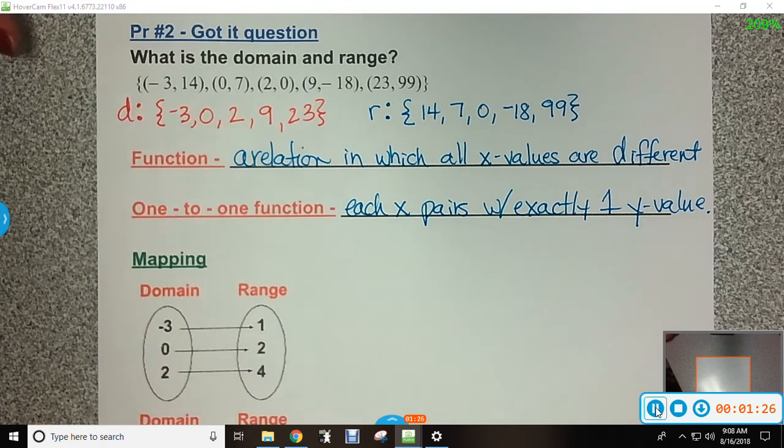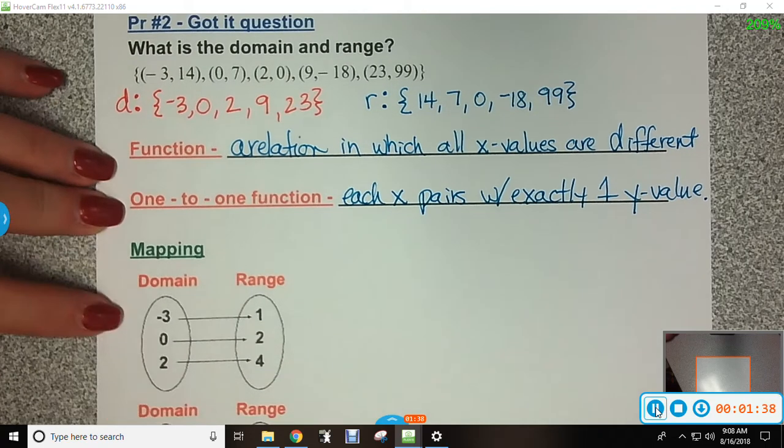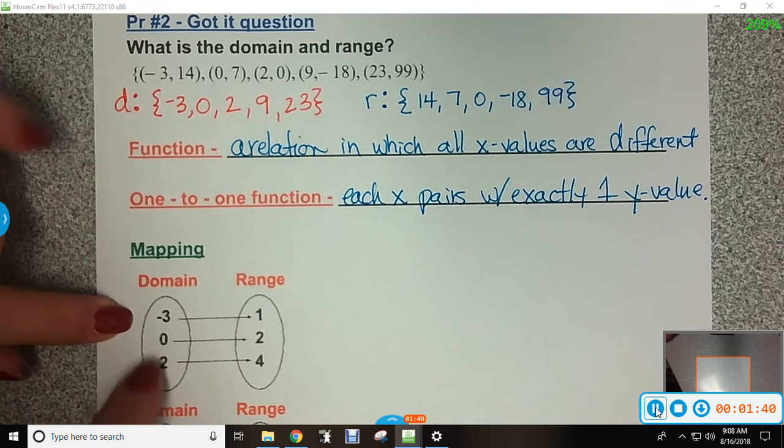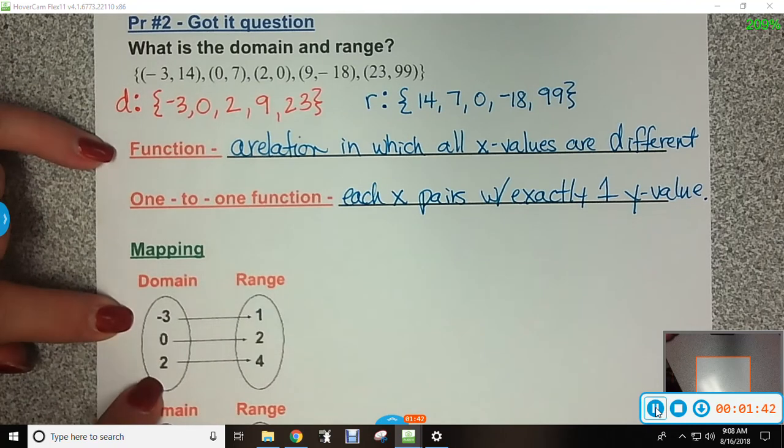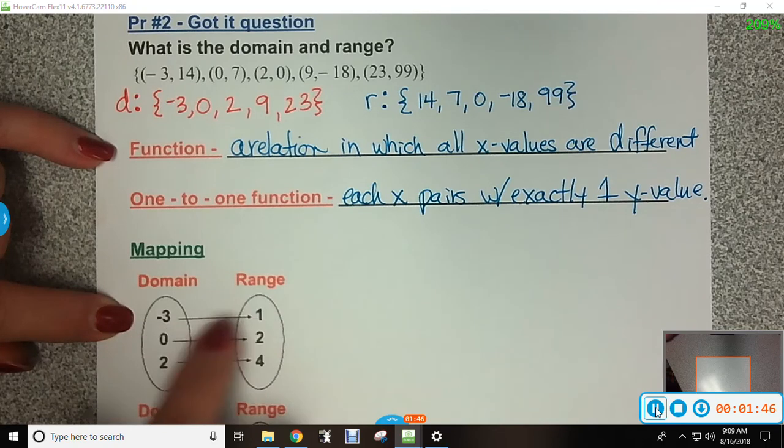So now we're going to look at a couple of different mappings below and talk about whether they are a function or not, and if it's a function, is it a one-to-one function? So for this first one here, your domain, those are your x values, they are all different. Each of those goes to one y value.